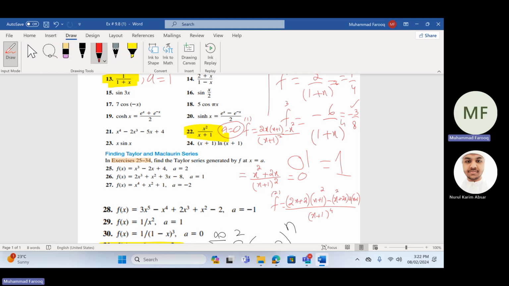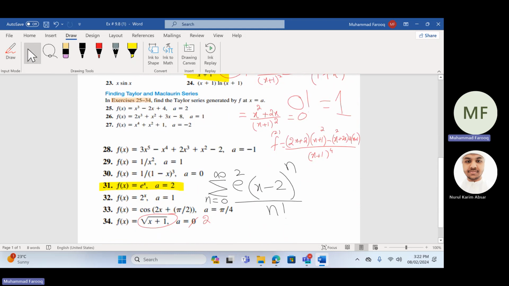Okay, good. To simplify, what I can take is one factor x plus 1. Basically here, you are required more attention to simplify.